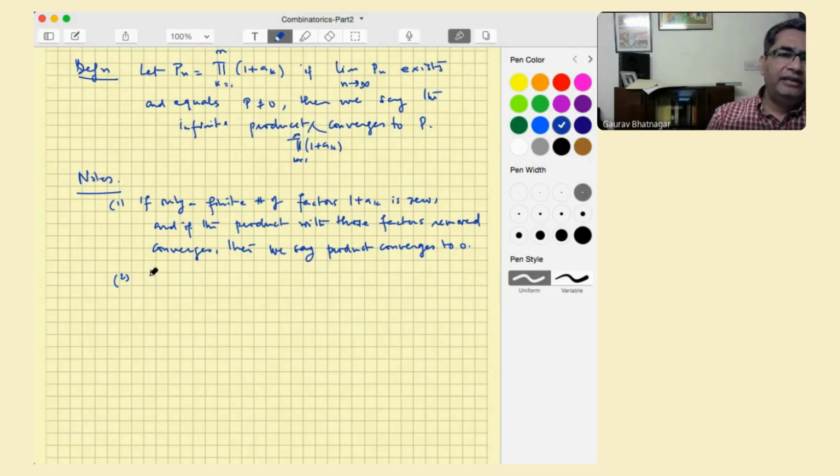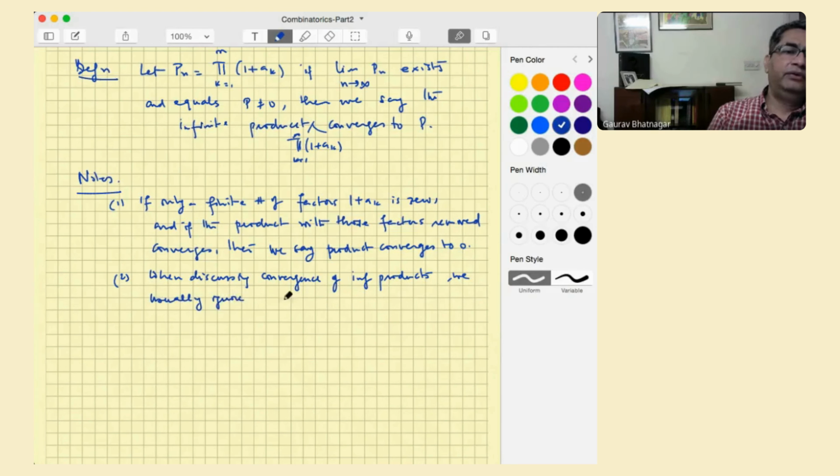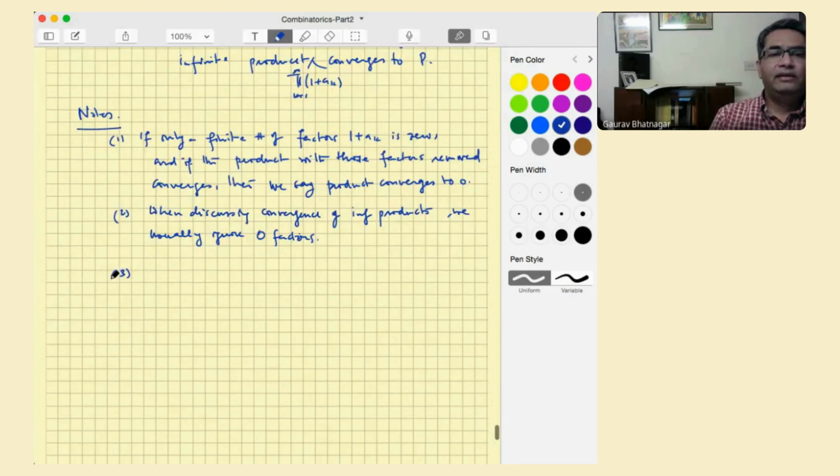And when discussing convergence of products, we usually ignore such 0 factors. So we leave that aside and then look at the convergence of everything. And if it does not converge, we say it diverges.